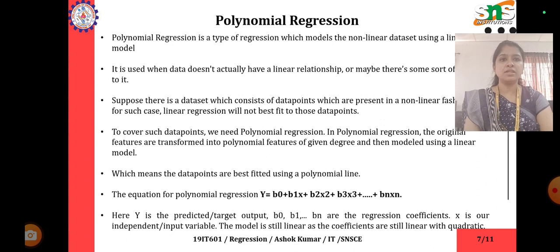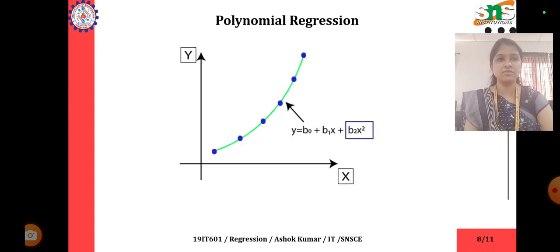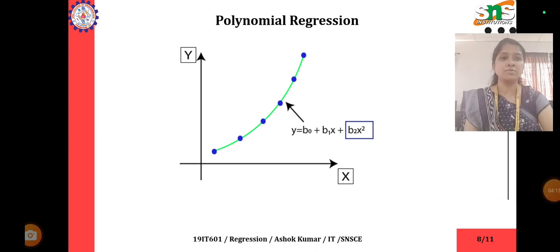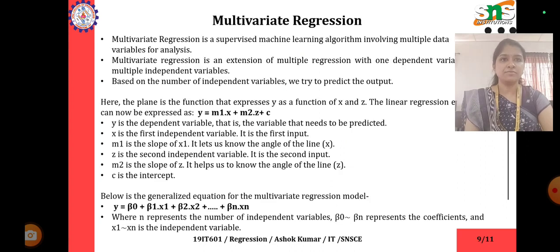Here y is the predicted target output, b0, b1, bn are the regression coefficients, and x is our independent or input variable. The model is still linear as the coefficients are still linear with quadratic. And this is an example of a polynomial regression. Here y is equal to b0 plus b1x plus b2x squared, and here the line forms a curve.